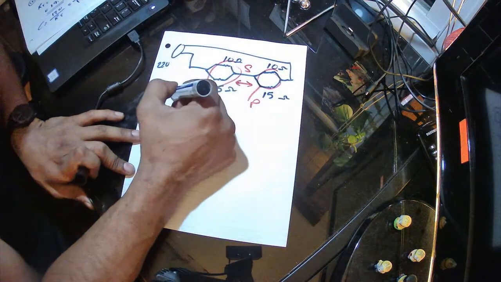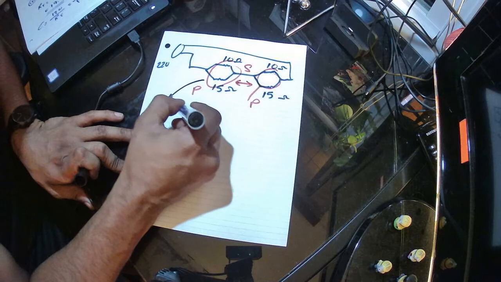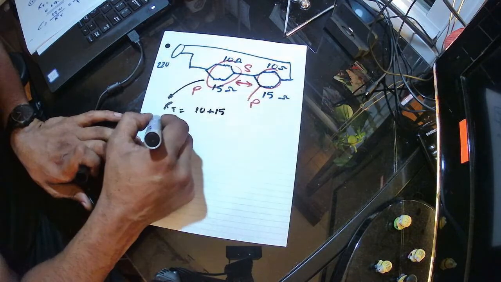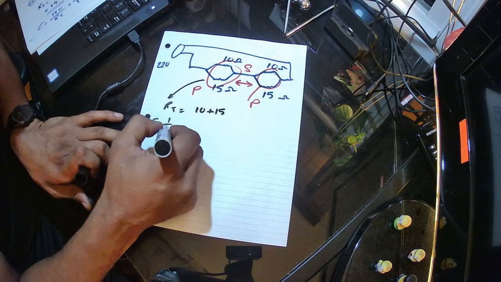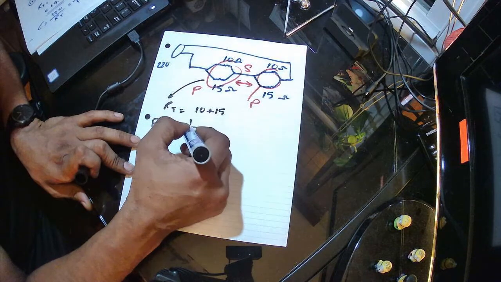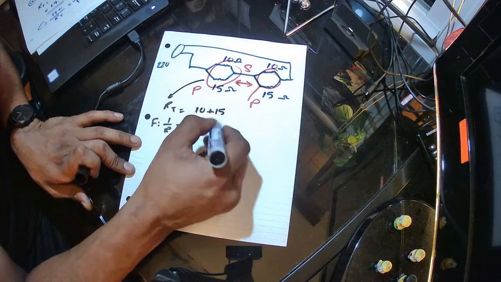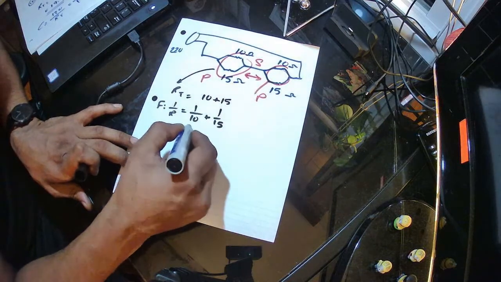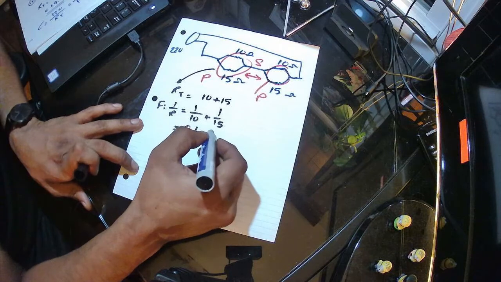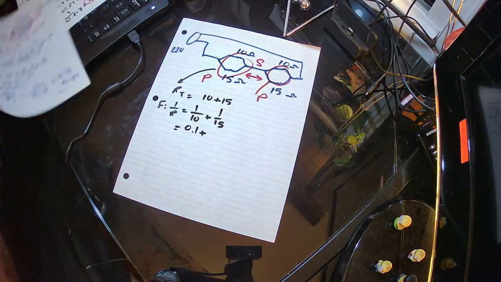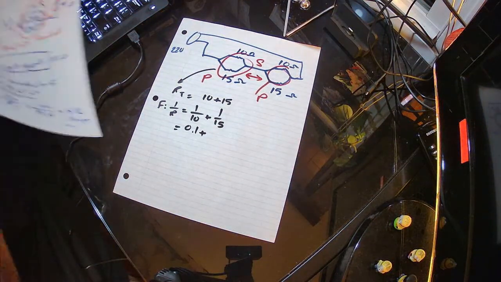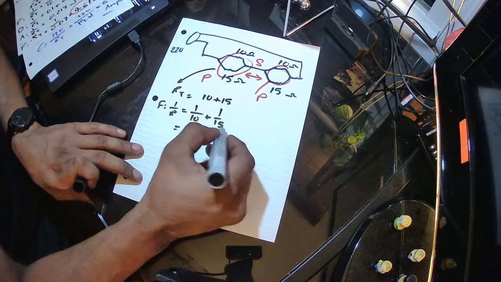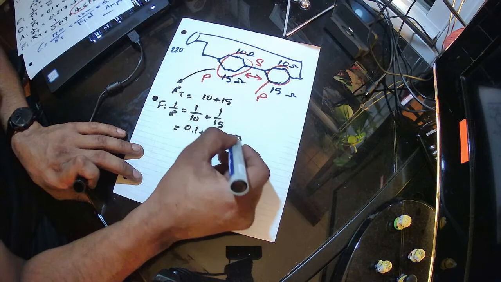So I'll take this circuit here and say R total equals 10 plus 15. I will flip: 1 over RT equals 1 over 10 plus 1 over 15, which equals 0.1 plus 0.067.